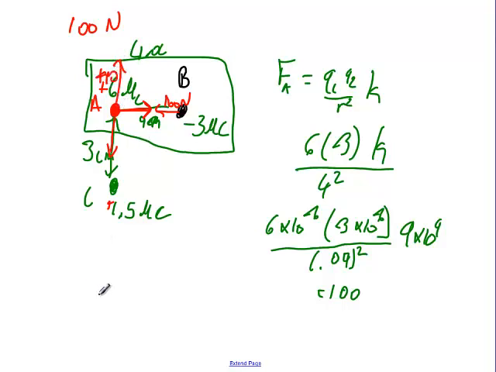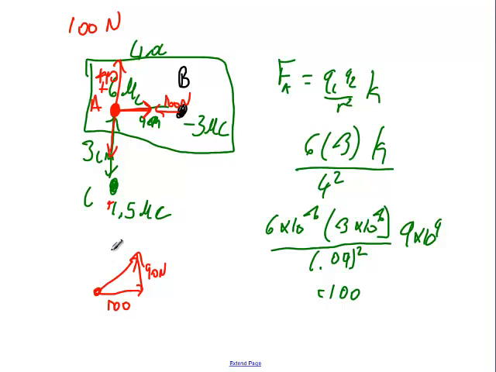So if I break that off, I've got a force of 100 newtons this way and a force of 90 newtons this way, and the force on this charge A is in that direction. I'm not too worried about getting all of that, but that's the vector method of doing this. And you can use the Pythagorean theorem to do that.